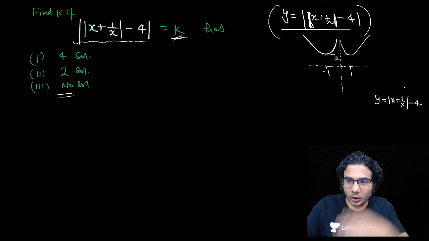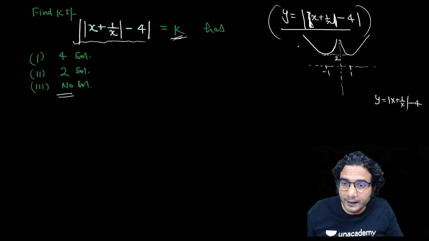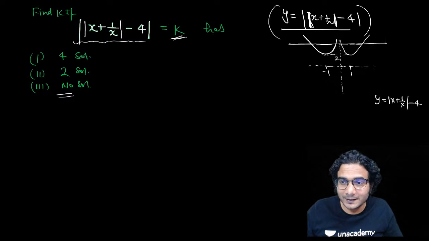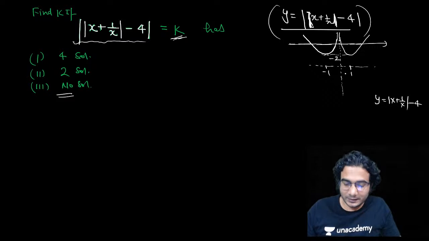So you need to pull all this graph down by 4 units. Or you can do one more thing: you can shift the x-axis upside by 4 units. That means you have pulled the graph down by 4 units, right? Now this is the x-axis. Now this plus 2 is going to be minus 2, right? Minus 2. All right.